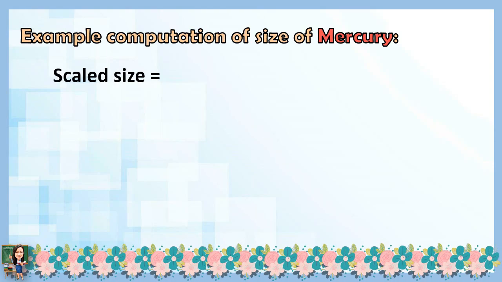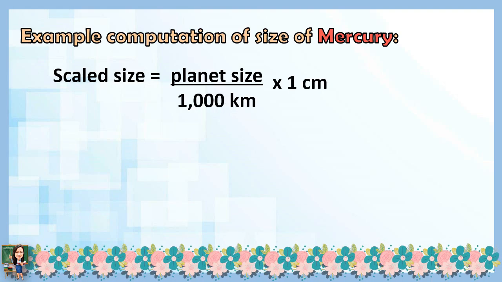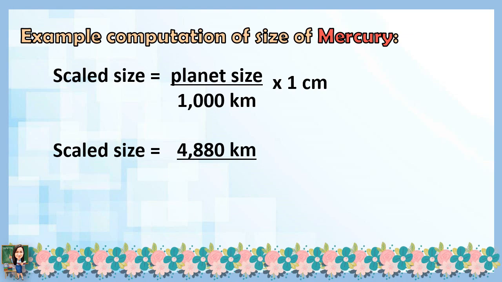Scaled size equals planet size divided by 1,000 kilometers times 1 centimeter. The planet size of Mercury is 4,880 kilometers divided by 1,000 kilometers times 1 centimeter. Cancel kilometers.